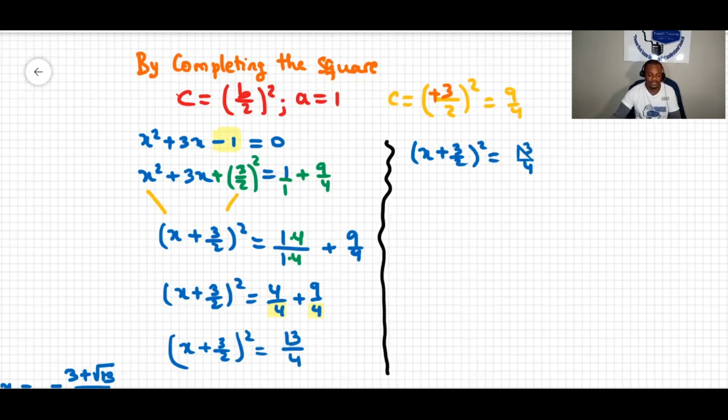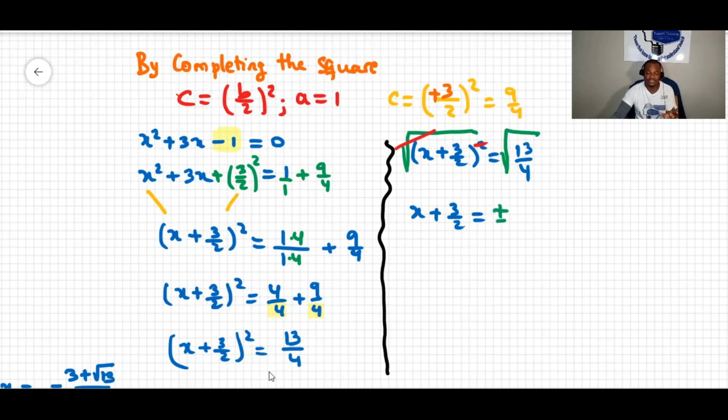So if I need to find x, I can get rid of the exponent if I square root both sides. I square root here, I square root there, because whatever you do on the left, you must also do on the right. The square root will cancel the power of 2, and then I'm left with x plus 3 over 2 equal to, okay, this time it will become plus or minus.